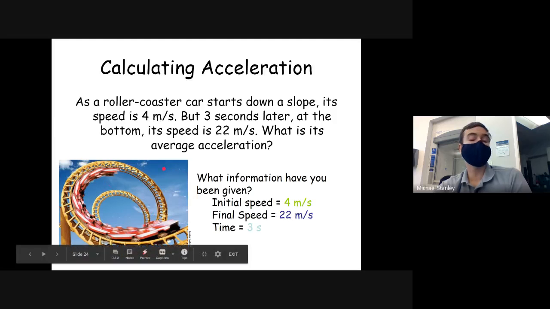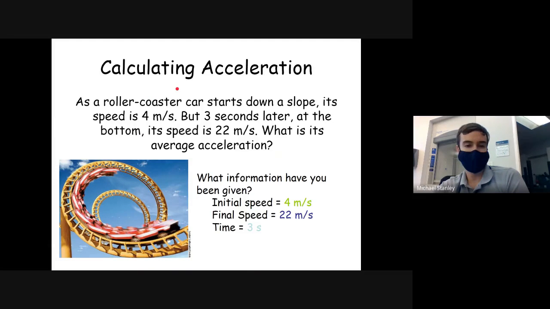So roller coasters are really great examples of changing and calculating acceleration. In this particular roller coaster example, it's at the top of a slope and it's just starting to go down at 4 meters per second. And then when it hits the bottom of the slope, it is clocked going 22 meters per second.